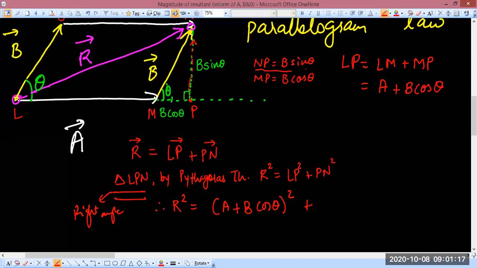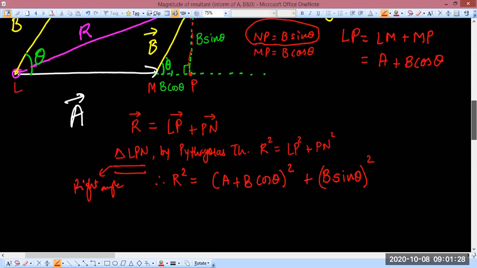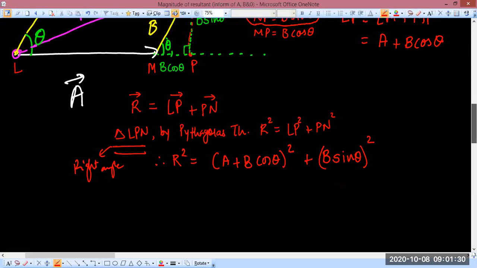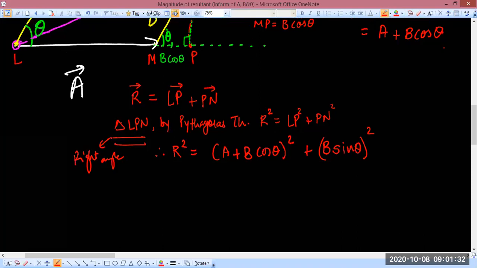What is PN? B sin theta. Clear? We have just put these two values. That's it. And now we will simplify this.